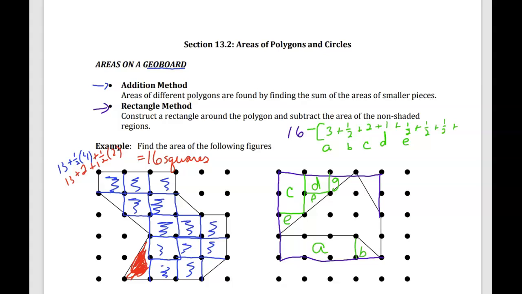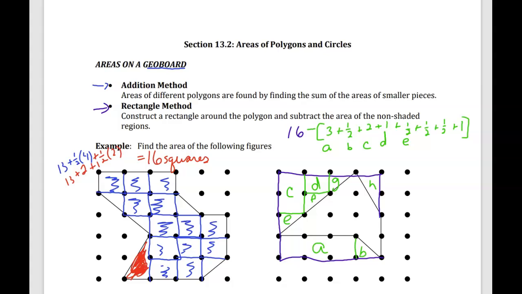And then H over here, I can't say it's 1/2 of here because it doesn't go to this point, but it's half of this one, which half of 2 is going to be a 1. So 3 plus 1/2 is 3.5 plus 2, that's 5.5, 6.5, 7, 8.5, 9, 10.